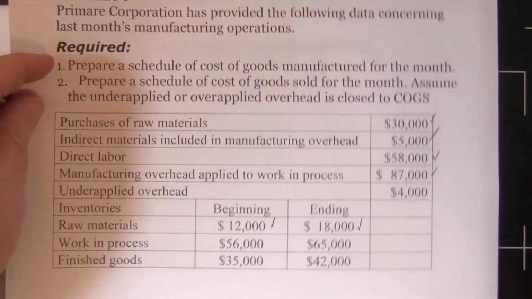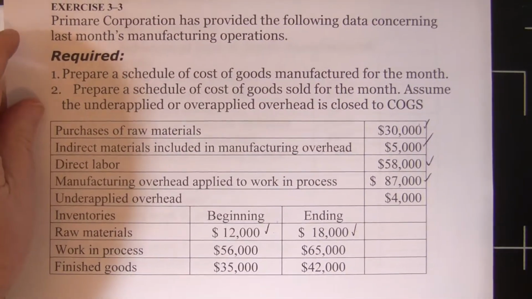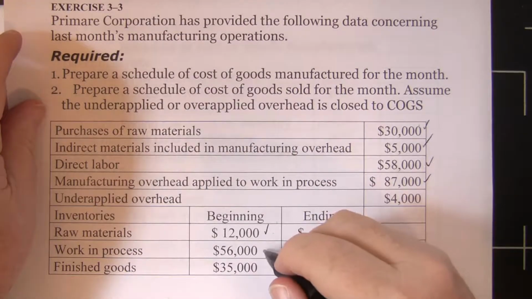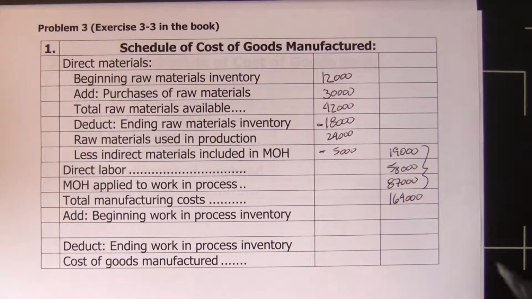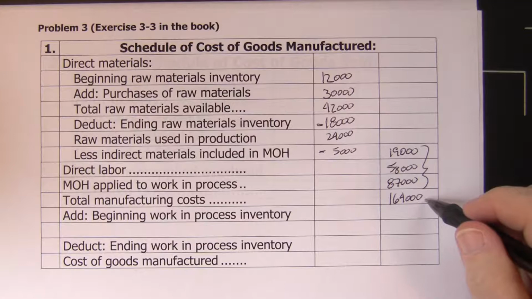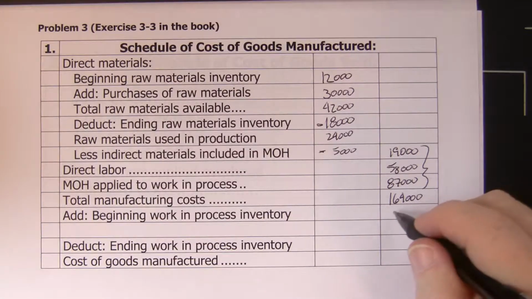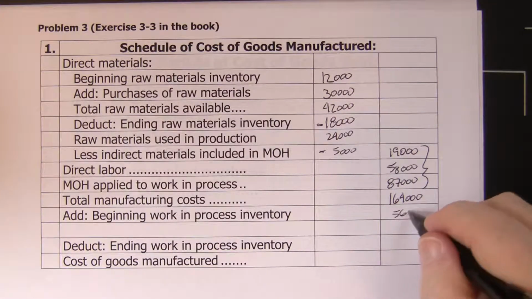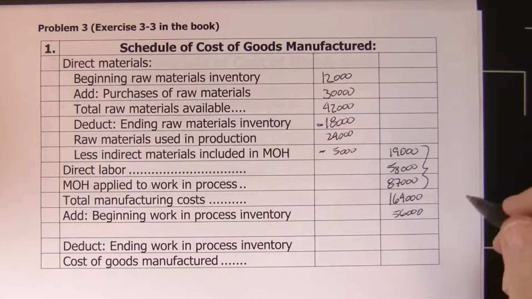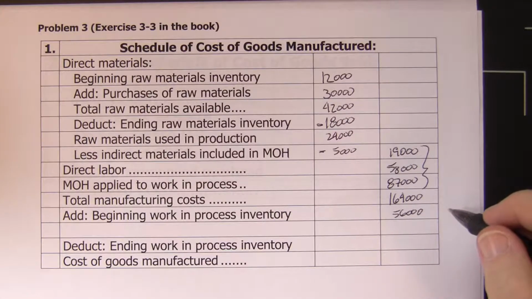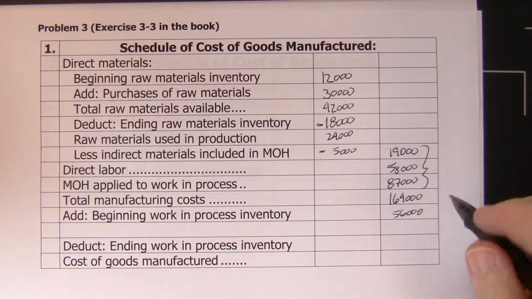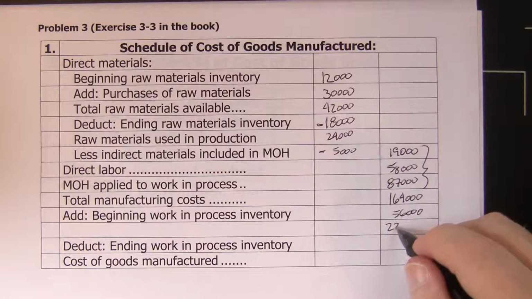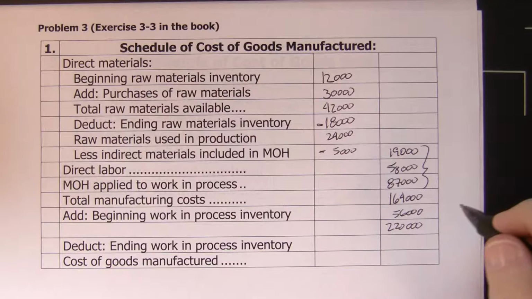Now they tell us that our beginning work in process was $56,000. So we added $164,000 to our $56,000, our beginning work in process. That gave us our total on the assembly line of $220,000.